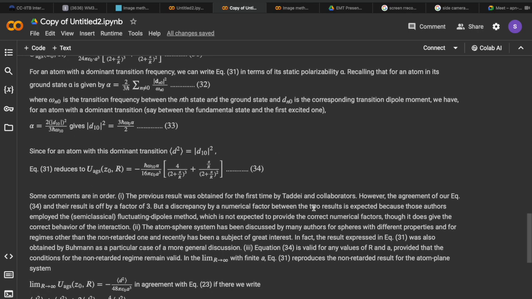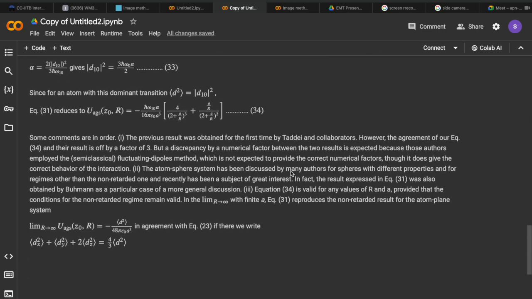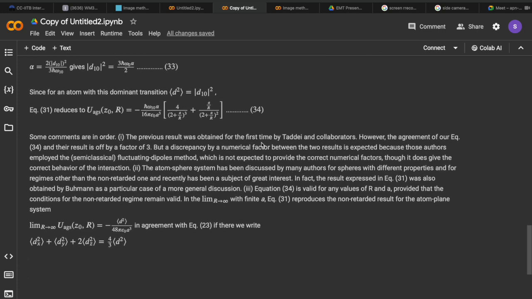So each equation contributes to our understanding of the interaction between the atom and the grounded sphere, incorporating concepts from electrostatics, quantum mechanics, and mathematical techniques. The previous results were obtained for the first time by Teddy and collaborators.